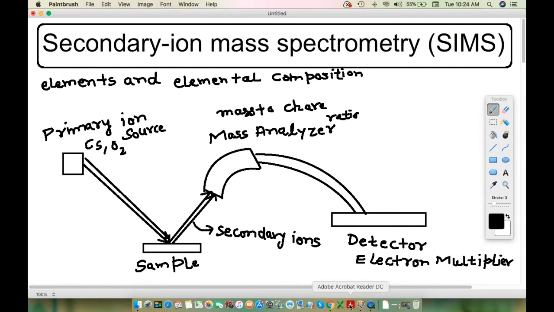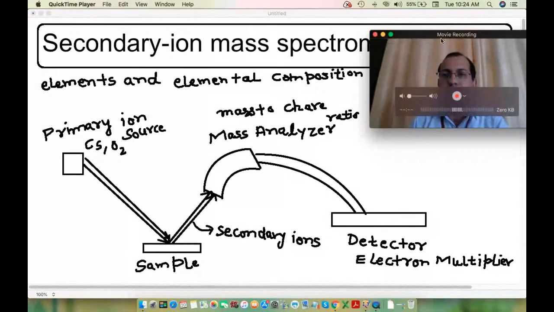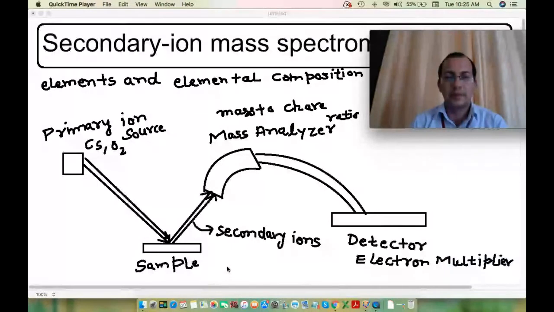So you have the heavy ions directed onto the surface of the sample, and there is a possibility of ejection of secondary ions. The sample will give you the secondary ions.